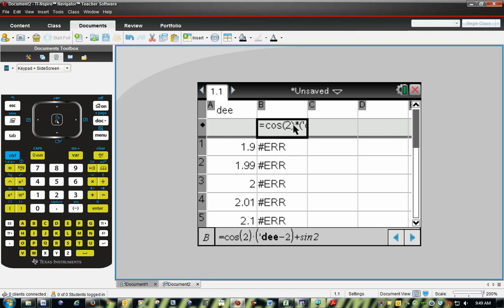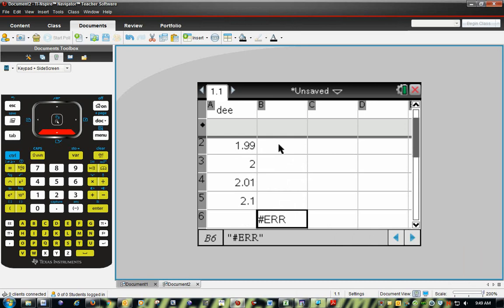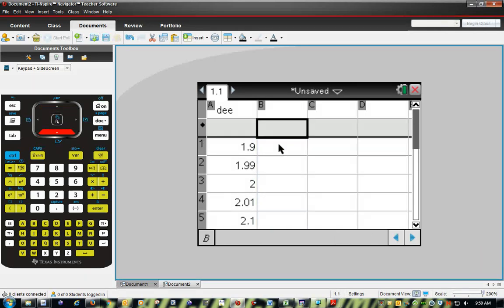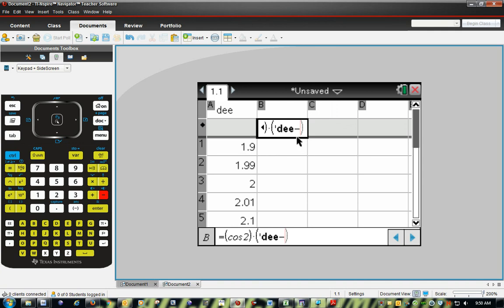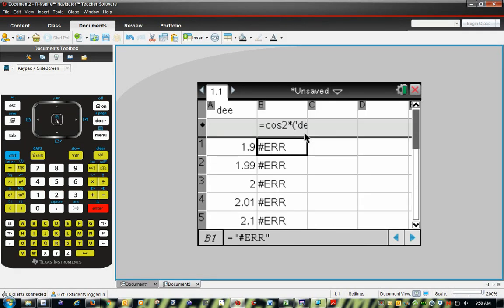Start over again. Alright, so I need the cosine of 2 times, I'm going to use the variable, subtract off 2 from that, plus the sine of 2. Oy. Technology is wonderful, isn't it?